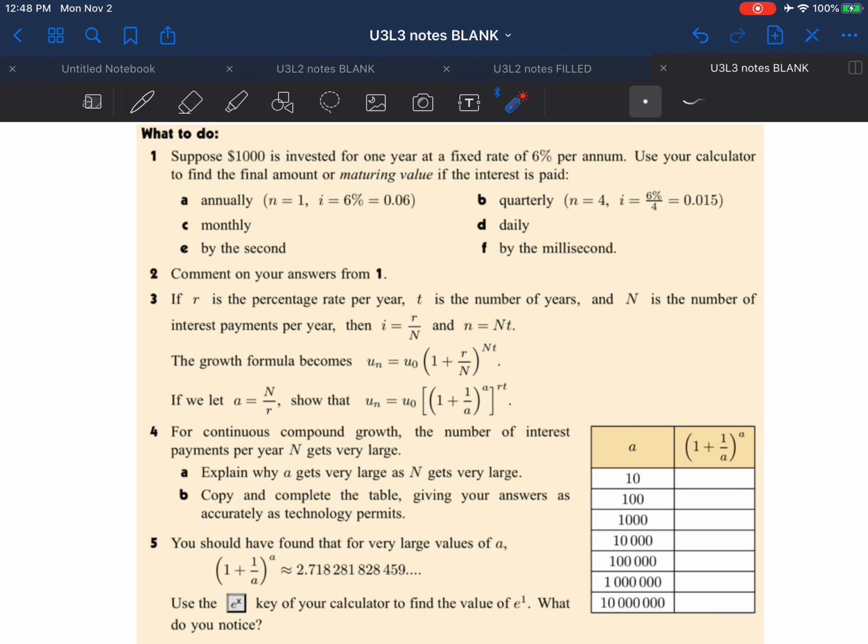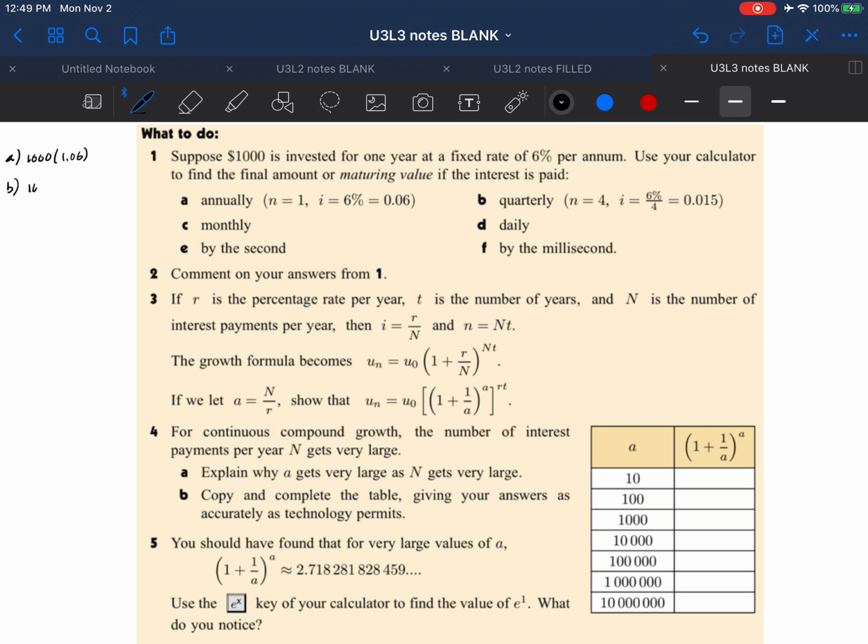So we're going to do some different calculations here. I'll write out first what the computations are, and then we'll calculate. 1 year, 6% per annum. So the first part A will be 1,000 times 1.06.